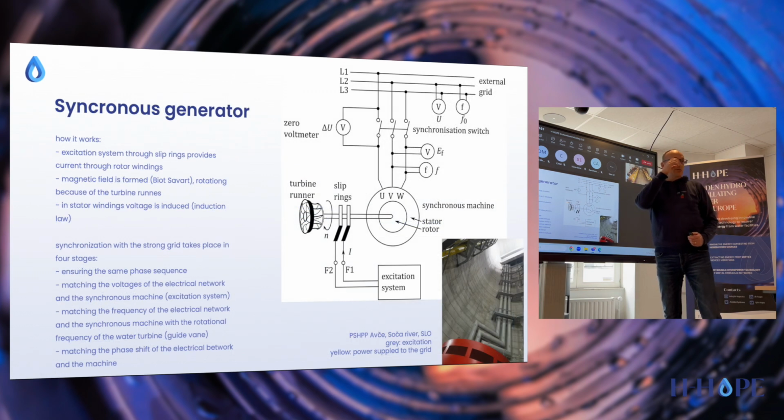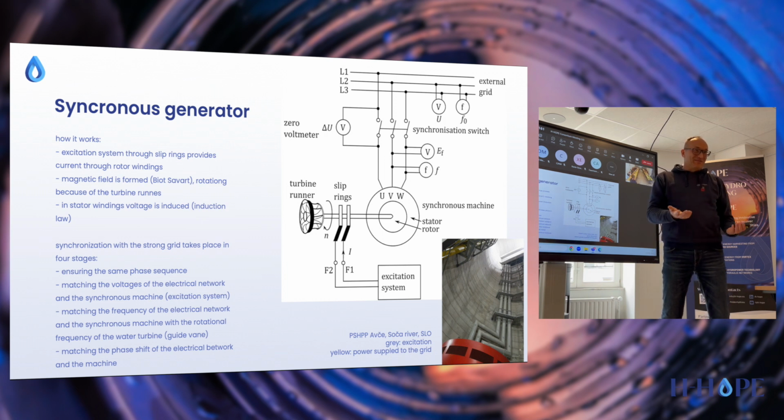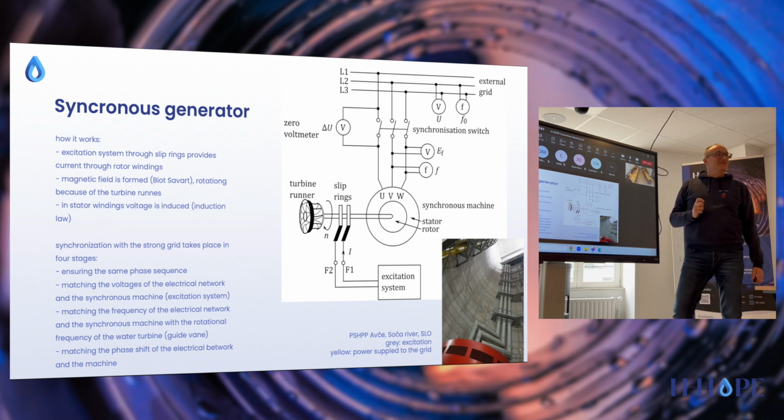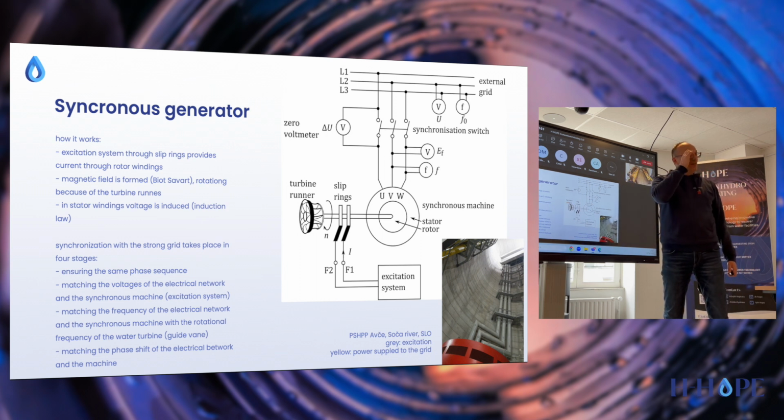And I will use the generator that you like, driven by a Francis turbine. Okay? So we have a Francis turbine runner here, and we have a generator here. And this generator is a synchronous generator.